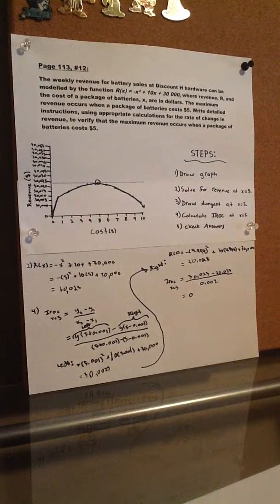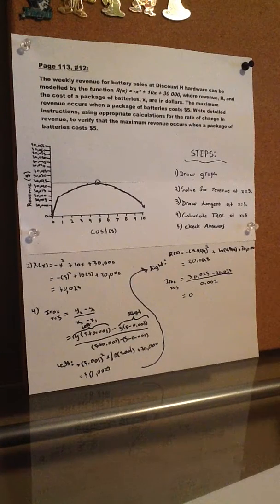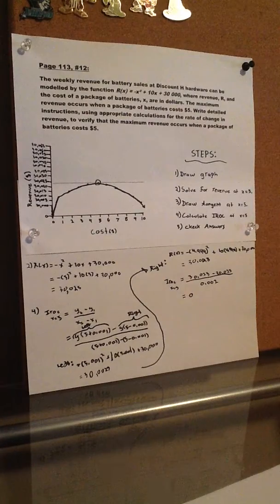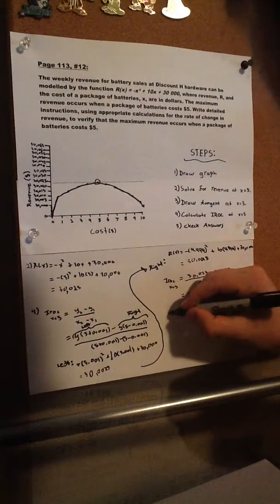To check our answer, we can plug two new costs into the equation, $4.99 and $5.01. What this does is it puts a slightly cheaper and a slightly more expensive cost into the equation just to ensure that $5 is the cost that generates the most revenue. So first I'll start with $4.99.